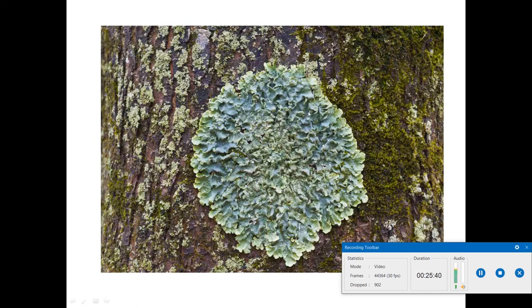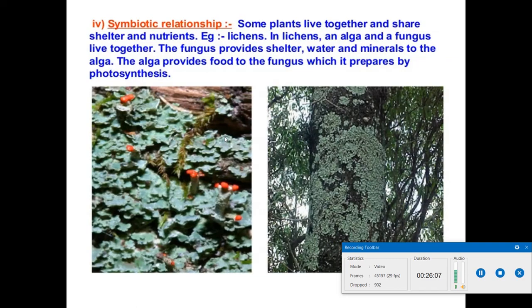Alga provides food, fungus provides shelter and water minerals to the alga. So this is give and take relationship, sharing relationship. Such a type of nutrition where the organisms are sharing and obtaining their nutrients, satisfying their nutrients, is called symbiotic nutrition or symbiotic relationship.